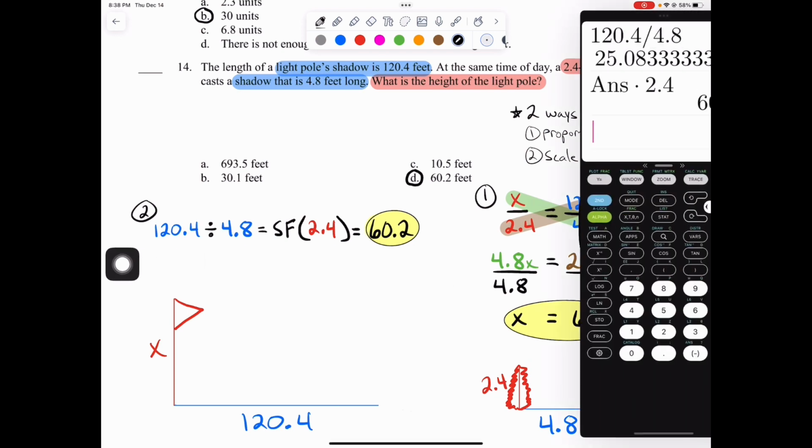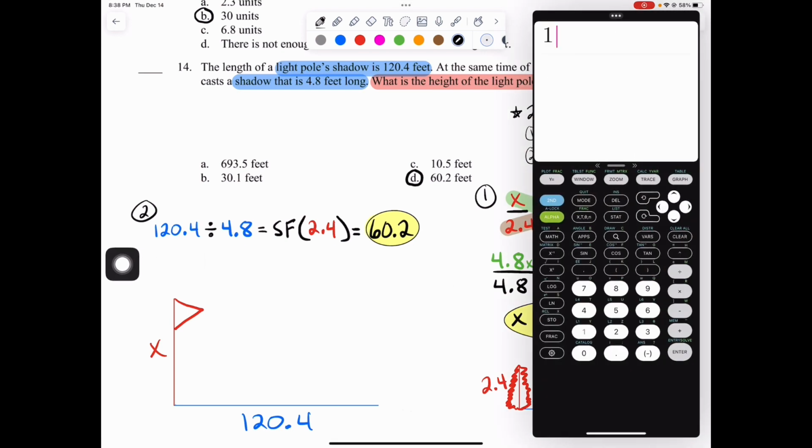Let's just do that real quick in the calculator. 120.4 divided by 4.8, hit enter. You're like, oh my goodness, 25.08333. Nope, don't even worry about it. Hit times, put in 2.4, hit enter. Boom, you have your answer of 60.2.